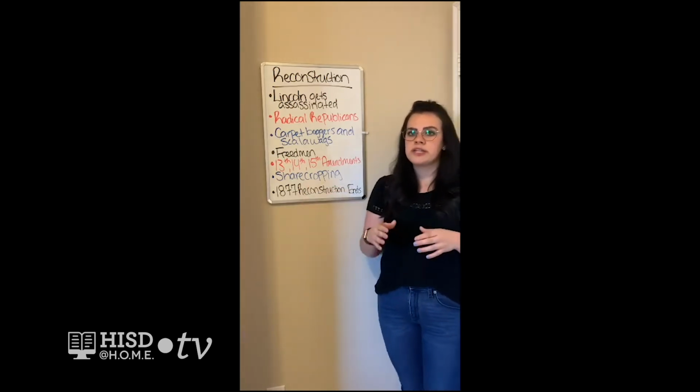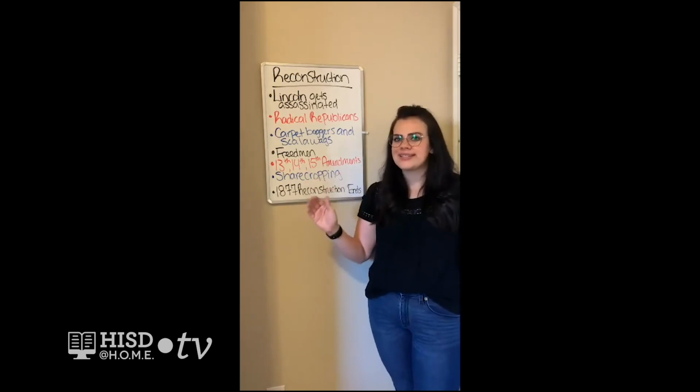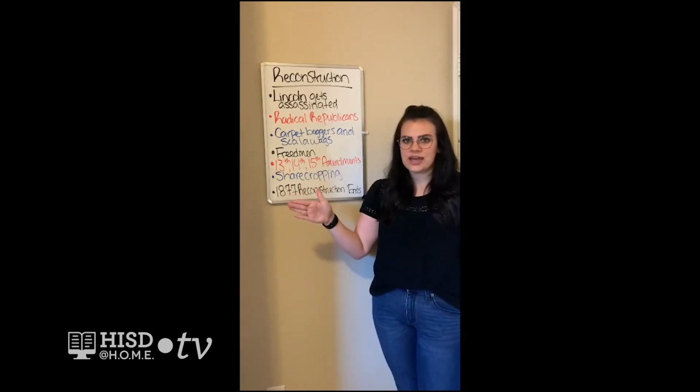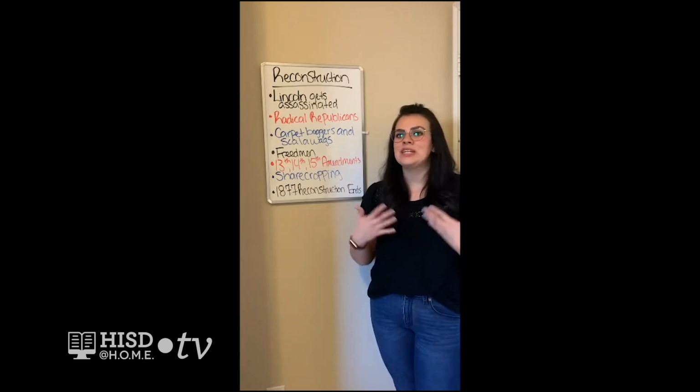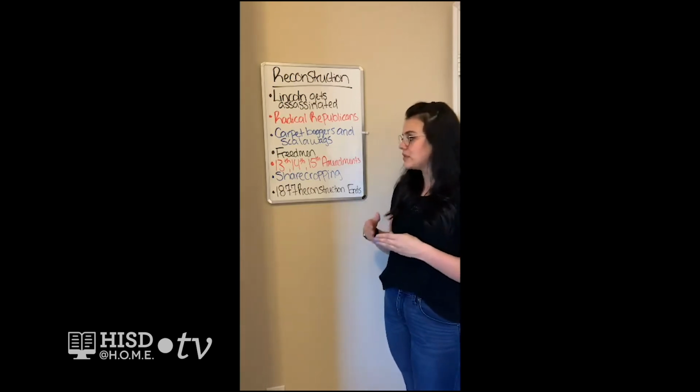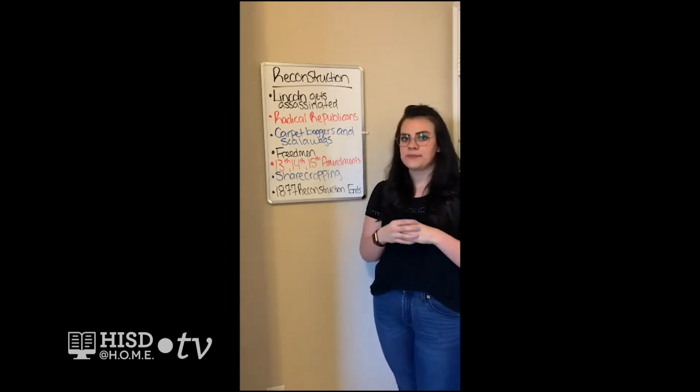Sharecropping is you have these large plantations that eventually have to be divided up into plots of land because the plantation owners have no way of farming it themselves and they're not exactly willing to pay somebody to do it. So what they end up doing is they divide their plantation up.